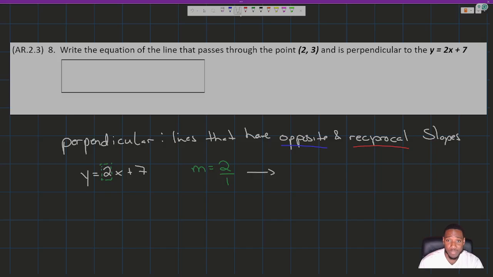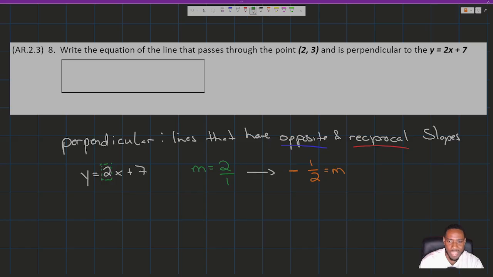So if this is a positive 2, then the slope for our line needs to be negative. And reciprocal, like we said before, just means the flip or the inverse. So if the slope we have is 2 or 2 over 1, then we flip that to get its reciprocal. That is 1 over 2. So the slope for our line needs to be negative 1/2.